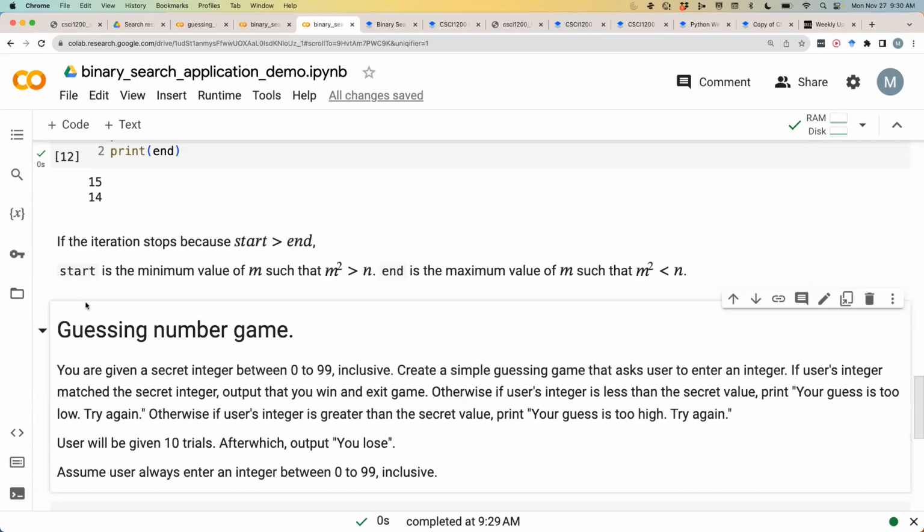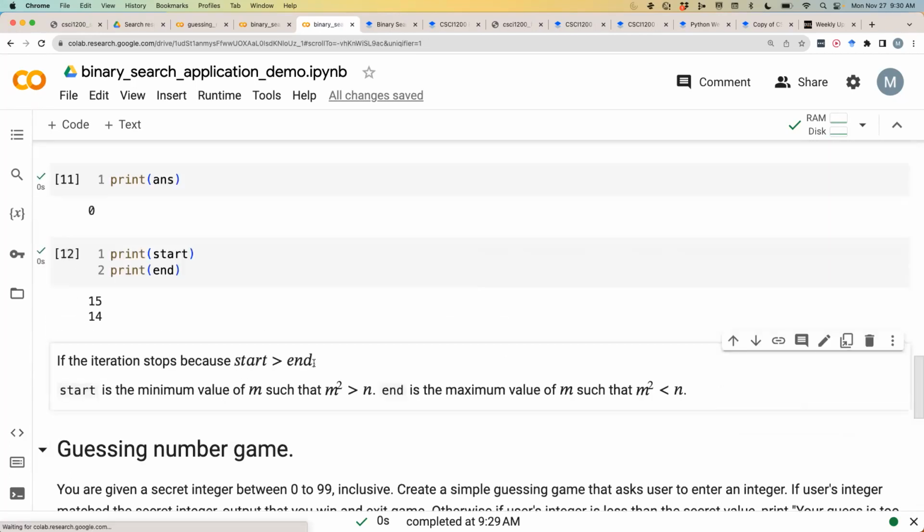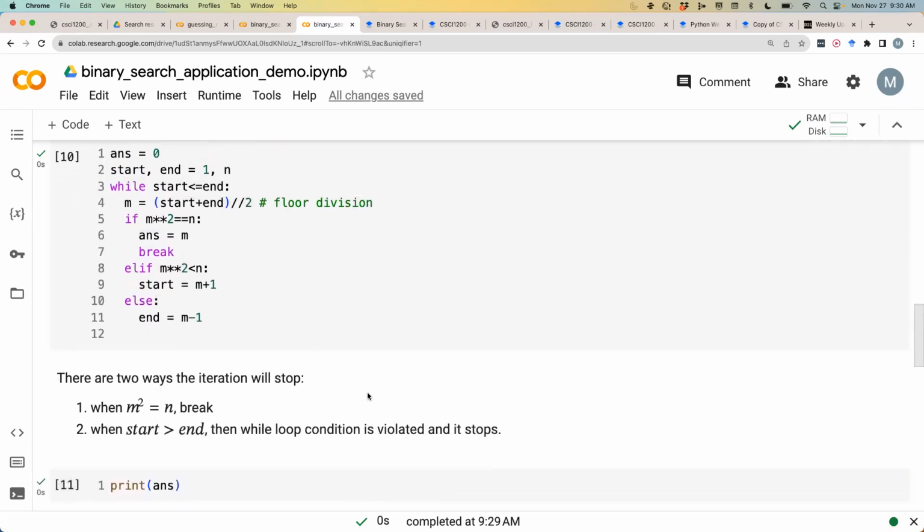So if the iteration stops because start is greater than end, not because you hit the break, then start is the minimum value of m such that m squared is greater than n, because the way you move start is that if m squared is not enough to accommodate, I'm going to move the start to the next value.